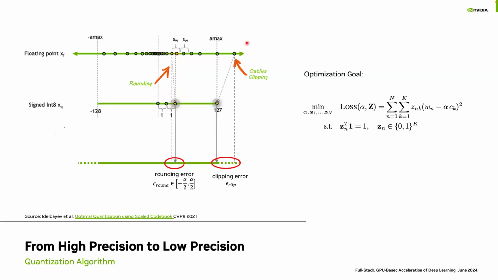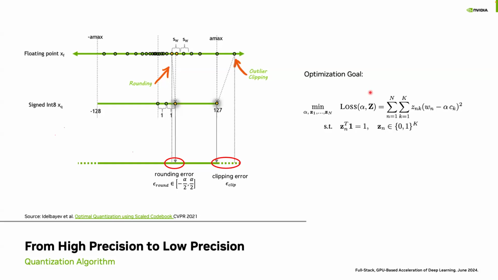And values beyond the limit will be clipped to the limit of what the low precision can represent. Now if we dequantize these values to the original grid, we can see how this error comes in. With different scaling factors, the resulting error will be different. So the optimization goal of quantization is to choose a scaling factor that minimizes the total loss induced by the quantization for all of the parameters.